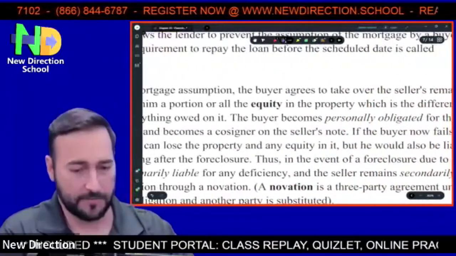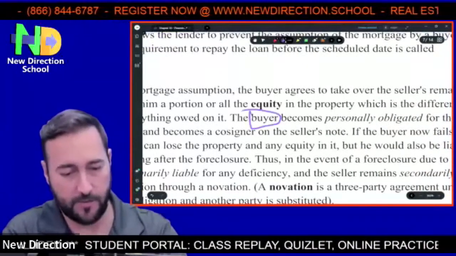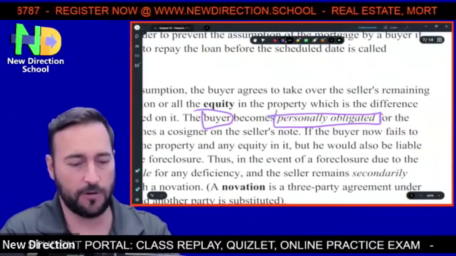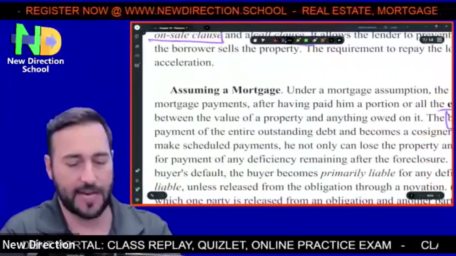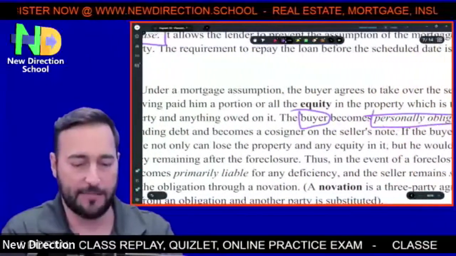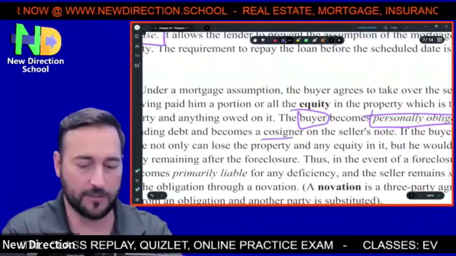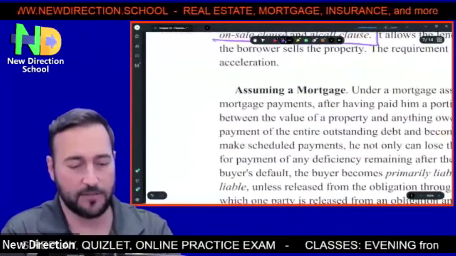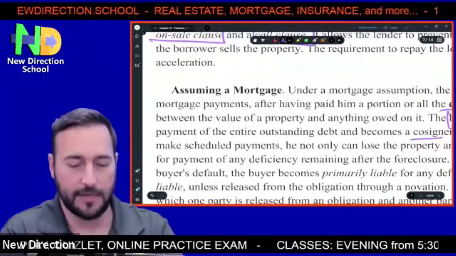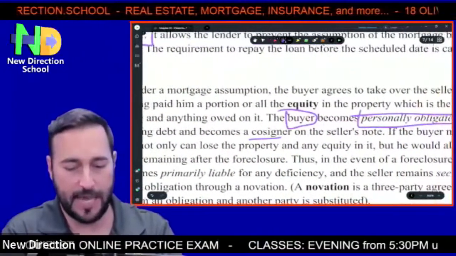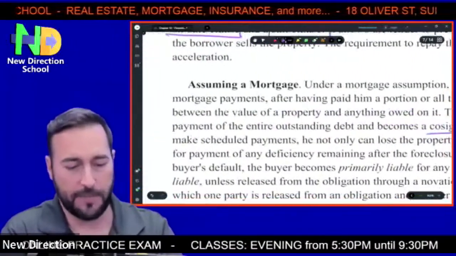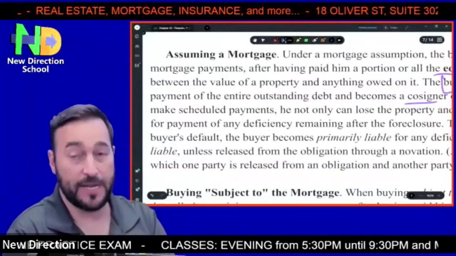Now, the buyer, Randy, in this scenario, becomes personally obligated for the payment of the entire outstanding debt and becomes like a co-signer on the seller's note. If the buyer now fails to make scheduled payments, he not only can lose the property and any equity on it, but he would also be liable for payment of any deficiency remaining after foreclosure.